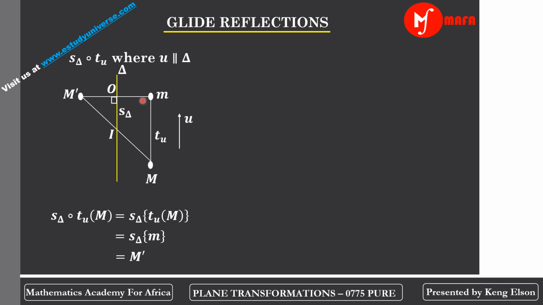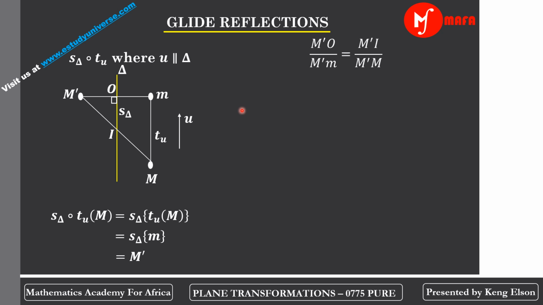And for similar triangles, the ratio between their corresponding side lengths is always equal to a constant. In fact, the ratios of their corresponding side lengths are all the same. So since these two triangles have a 90-degree angle, the triangle OM prime I and the triangle small m prime capital M are similar triangles.